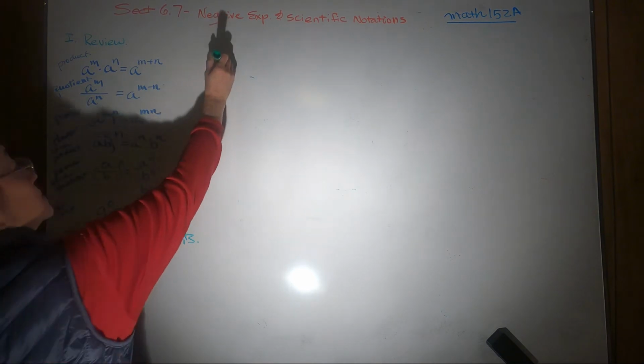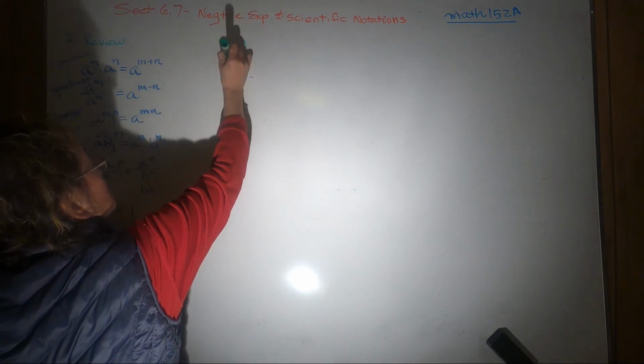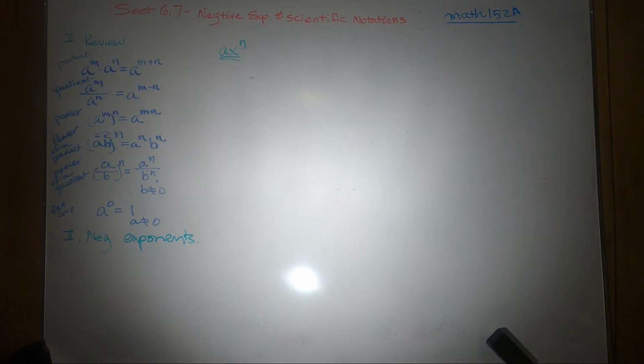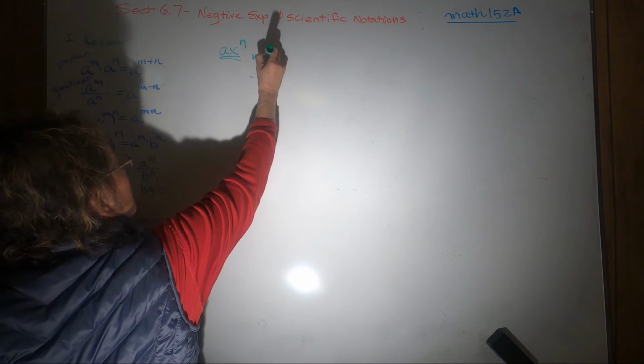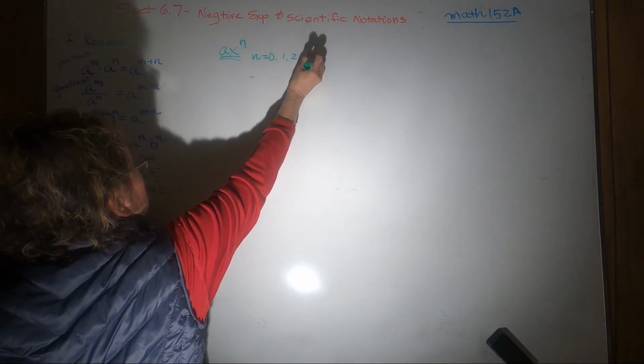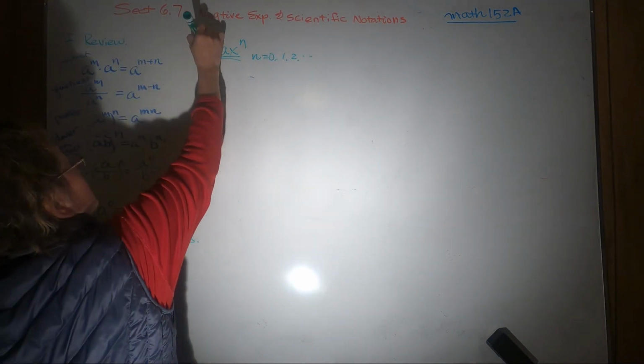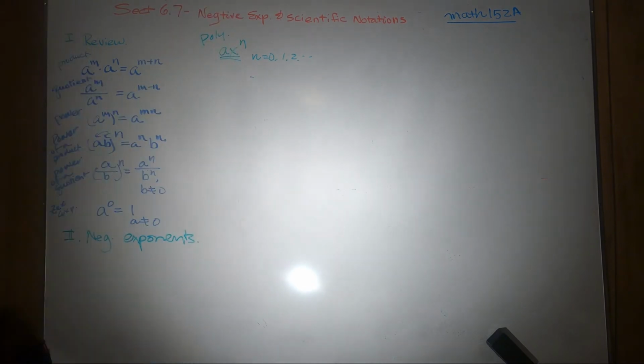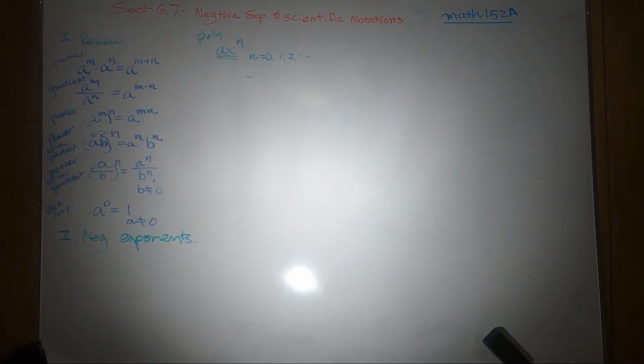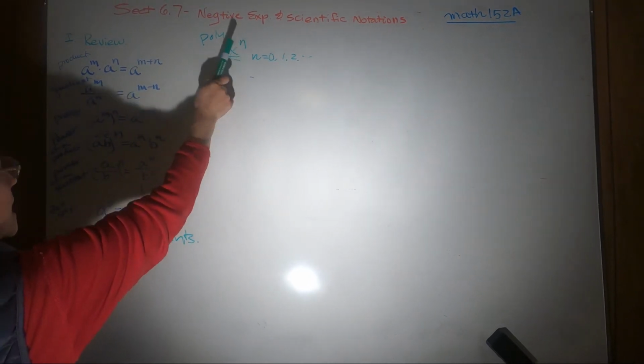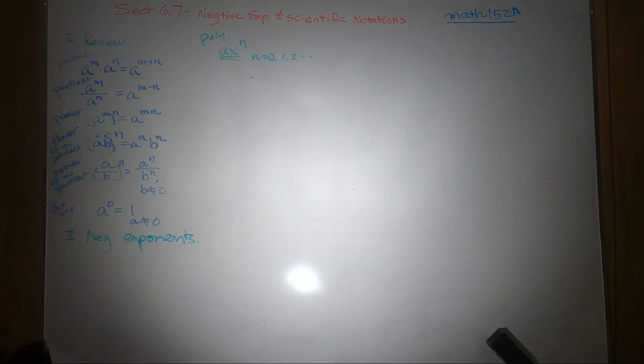Poly, many terms. For each one, each term looks like this, with a coefficient n x to the power, but n is what? Positive or 0. That's for polynomials, right? We didn't use the negative exponent for the polynomials, right? But we use negative exponents for something else.